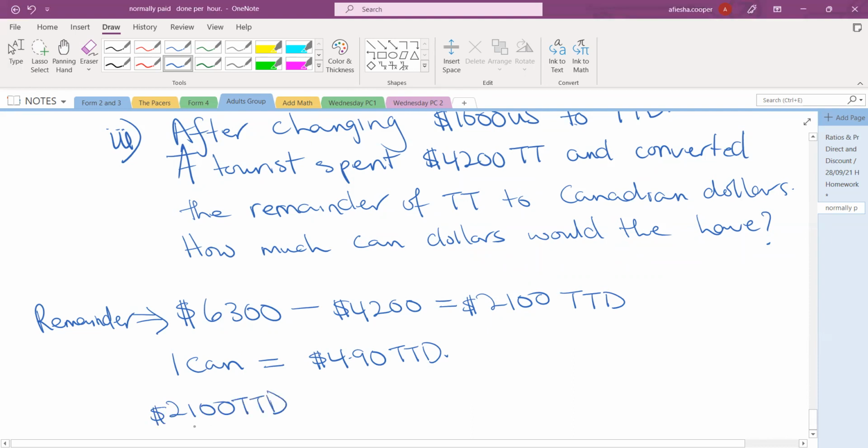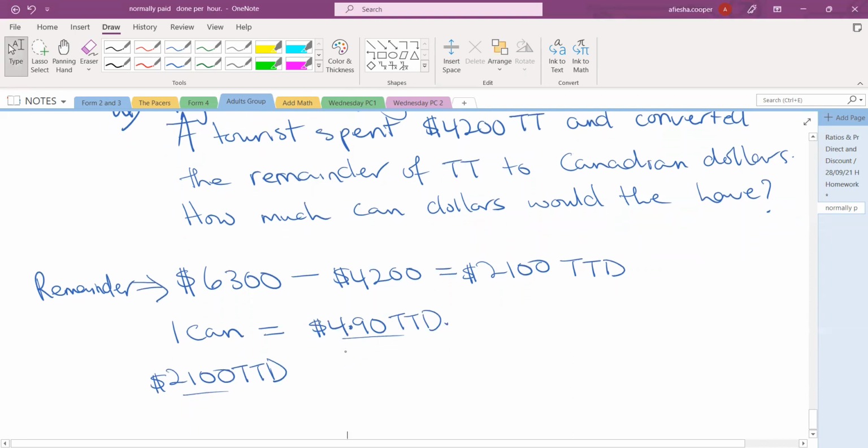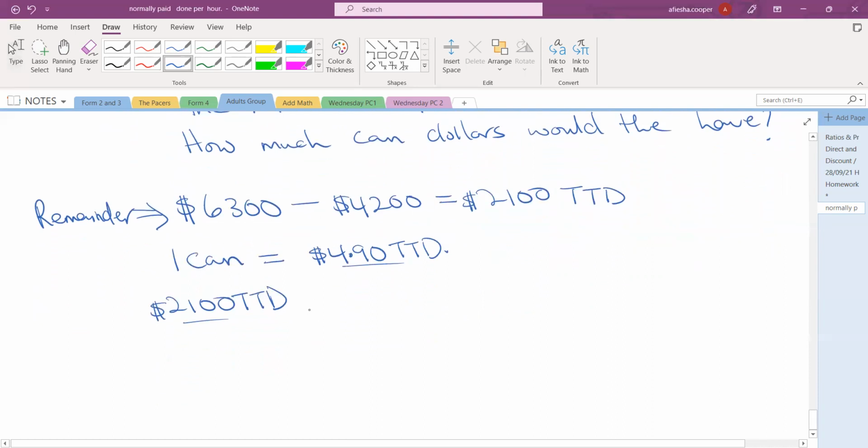So again, I have 2,100 TT dollars, and they are telling me I'm converting TT to Canadian. They said every 1 Canadian is $4.90 TT. So I have TT. Every 4.90 TT will give me 1 Canadian.